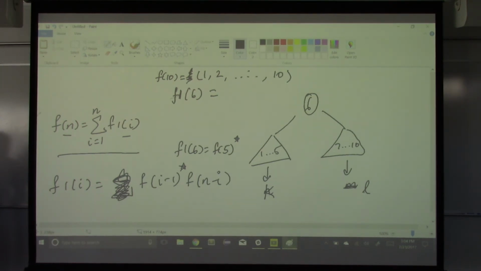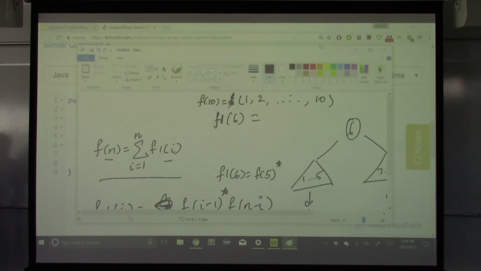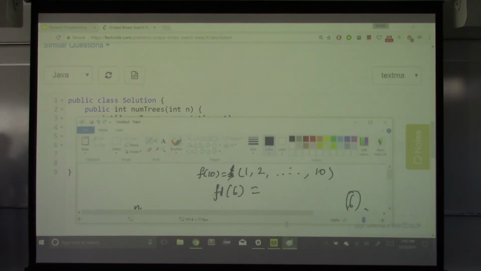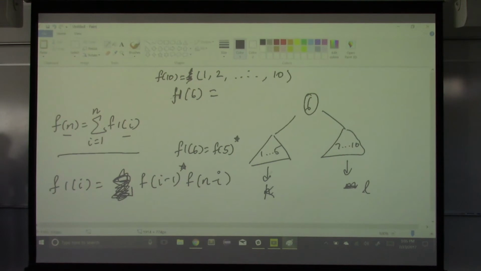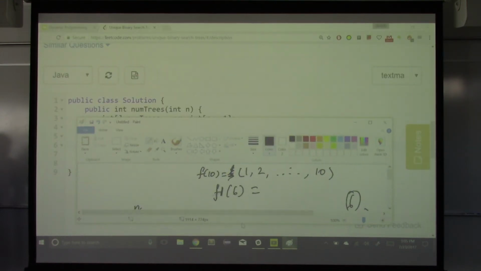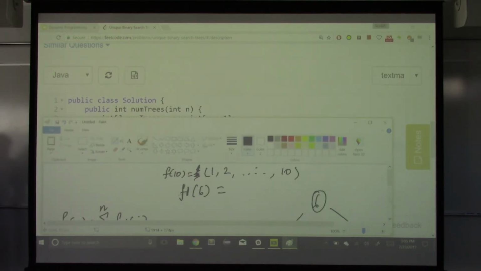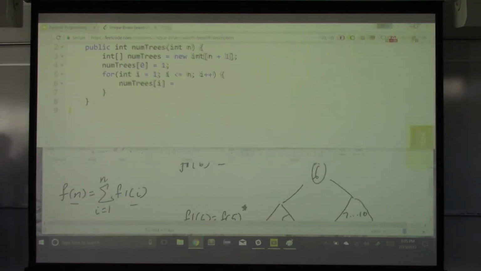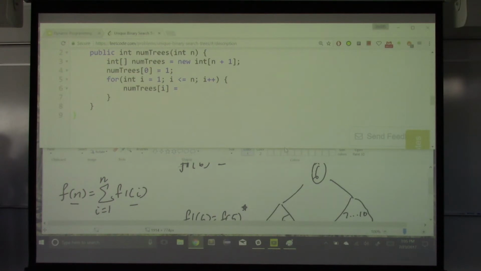So it's an n-squared solution. We have one more problem. Wait, where is the other for loop? So this sigma is this for loop, right? Let me just readjust this. So this is f of i.